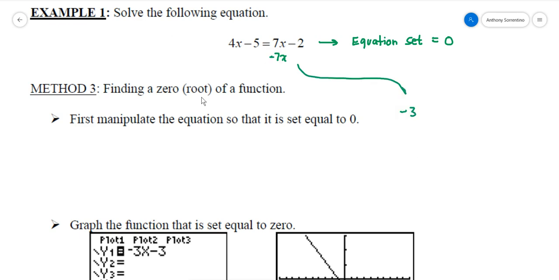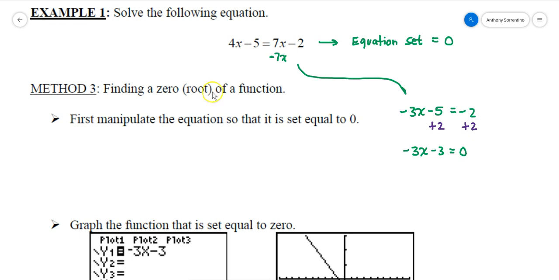So I'm going to have negative 3x minus 5 equals negative 2. And I'm going to want that right-hand side to become a 0, so I'm going to add 2 to both sides. And I end up with negative 3x minus 3 equals 0. I'm looking for a value of x that's going to make this expression equal 0.